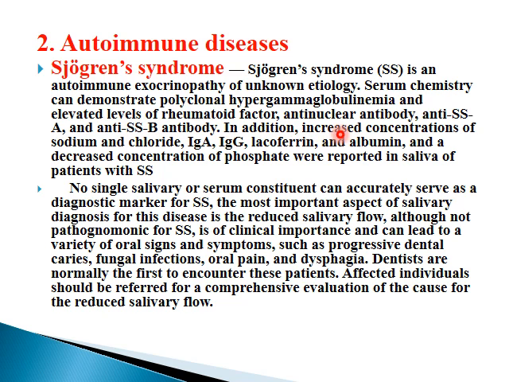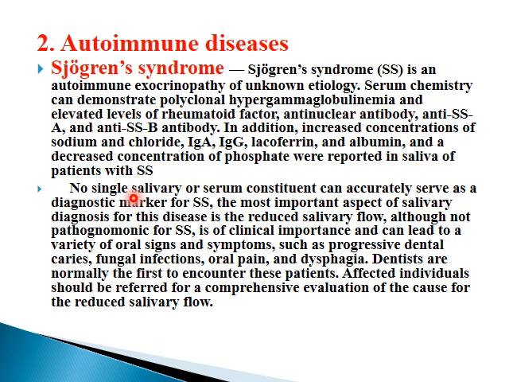In addition, increased concentrations of sodium and chloride, IgA, IgG, lactoferrin, and albumin, and a decreased concentration of phosphate were reported in saliva of patients with Sjogren's syndrome.